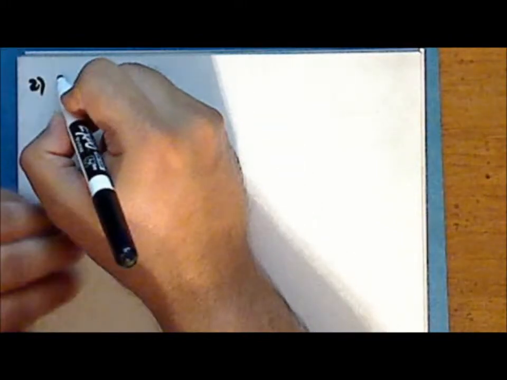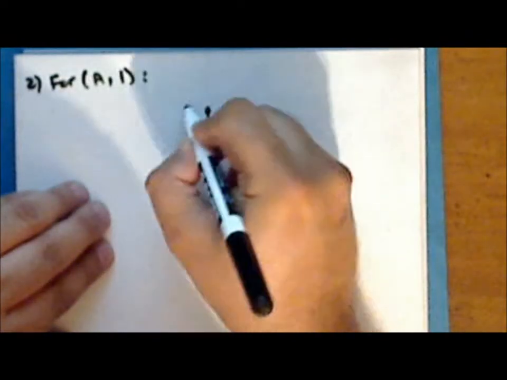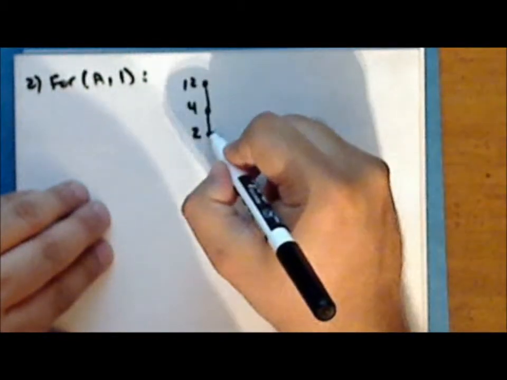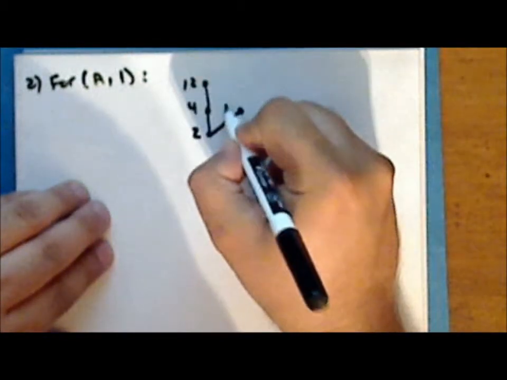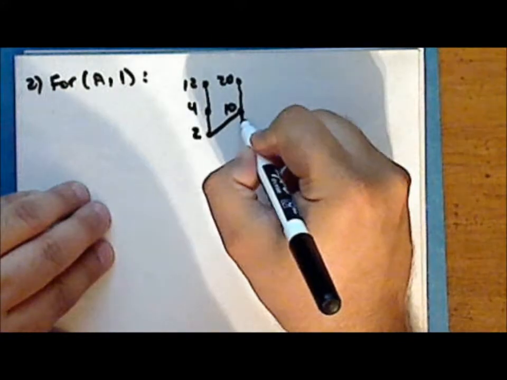So for the poset consisting of the set A with the relation divides, once again we will form the Hasse diagram. 2 divides 4, which in turn divides 12. 2 also divides 10, which in turn divides 20. 5 divides 10, which in turn divides 20.